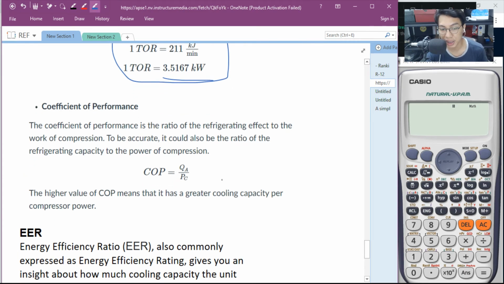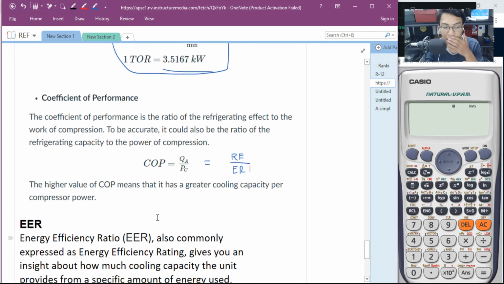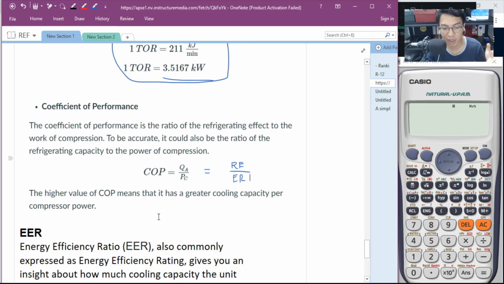So that is the heat that is added divided by the power of the compressor, or simply RE divided by ER. That is the COP. The higher the value of the COP means that it has a greater cooling capacity per compressor power. Okay? Mas mataas na cooling capacity and then lower compression power that is used, mas maganda yung COP.